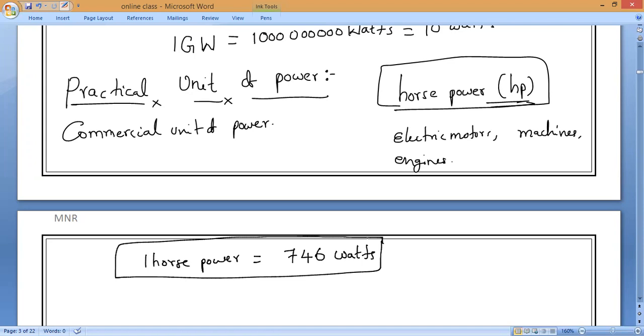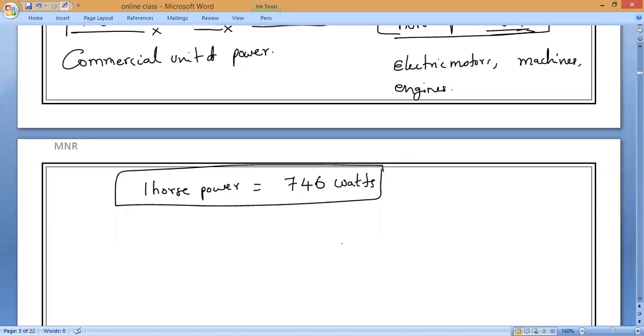Now, nowadays, many of you might be traveling in trains and buses and all. Have you all traveled? Nowadays you might remember, they represent something above the engine. If you notice carefully, they write the power of the engine in the form of BHP.